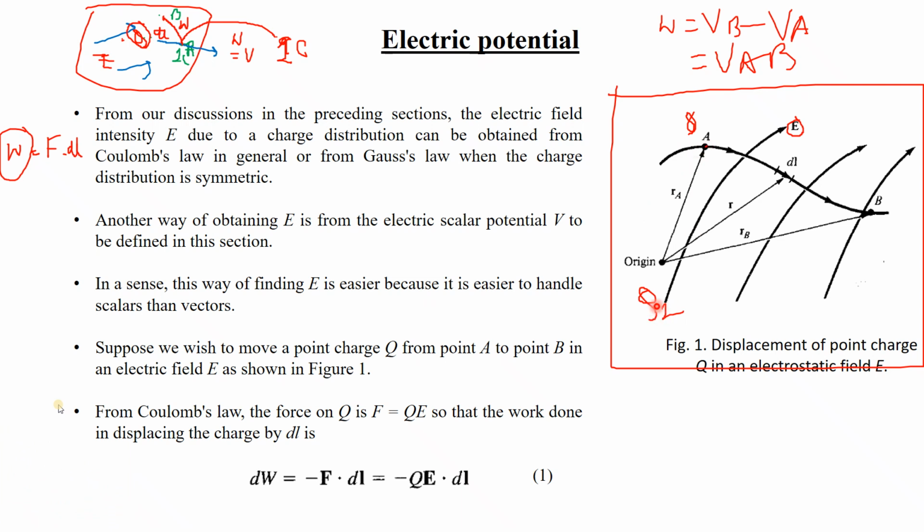At point A there will be some electric field intensity, because Q2 will exert some force on Q. Why? Because it is within the electric field, at a distance. That is why it will experience some force at this point. Electric field intensity into charge gives the force which Q is experiencing.